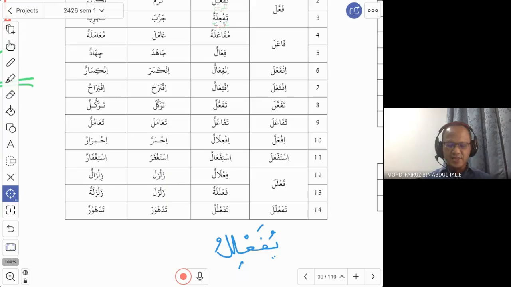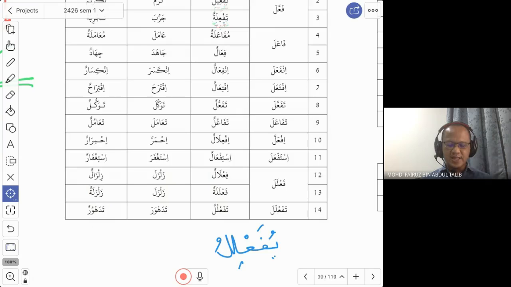This is the masdar. If you follow the first wazan, fi'lal, you will get this word, zilzal. So what is zilzal? The earthquake itself is called zilzal. And this is the one that we had in Surah Zalzala: Iza zulzilatil ardu zilzalaha. So zilzal is basically the earthquake.